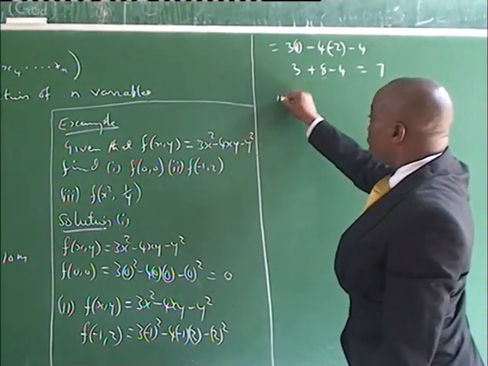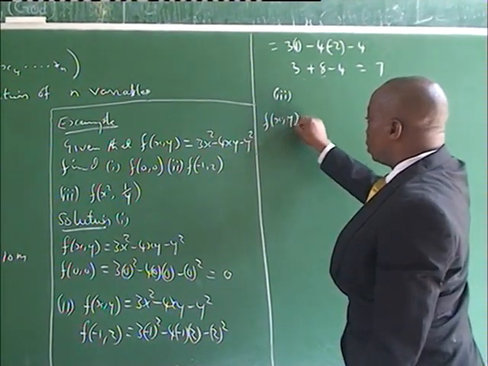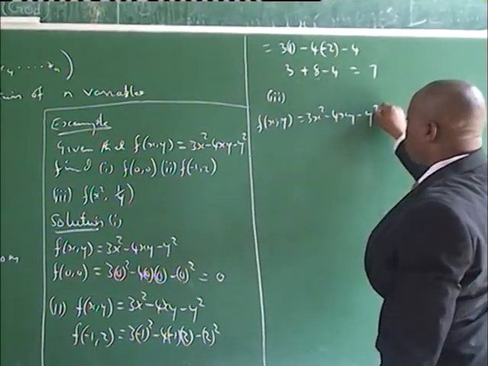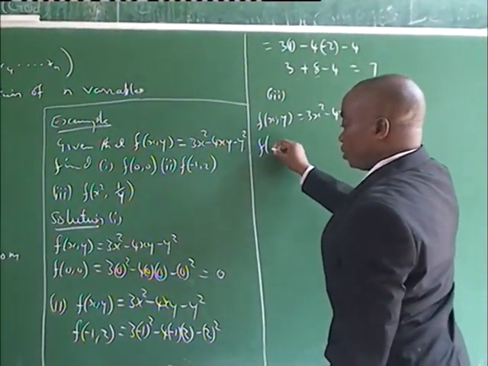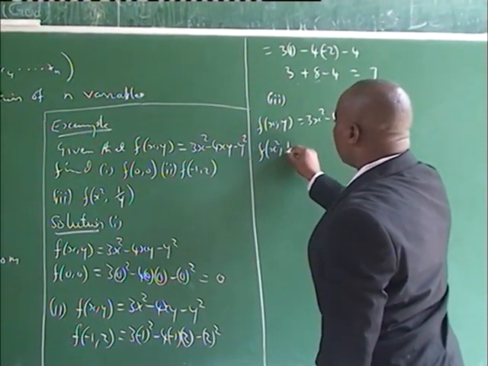So now let's go to part ii, which says that f of x, y is equal to 3x squared minus 4xy minus y squared, and that the value of x and y is given as x squared, then 1 over y.